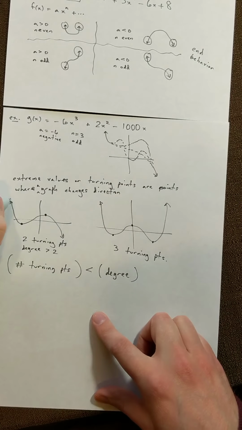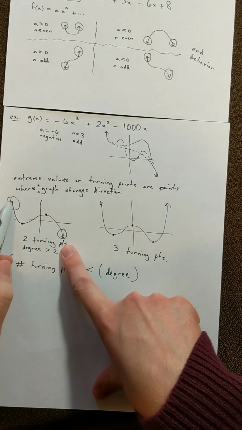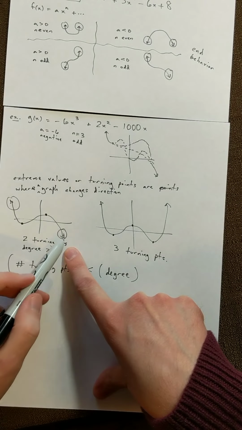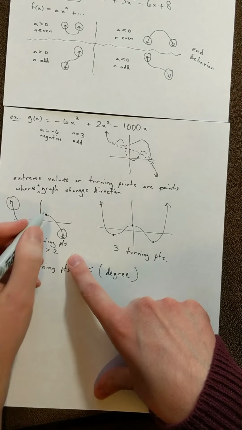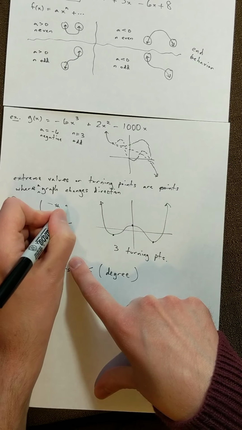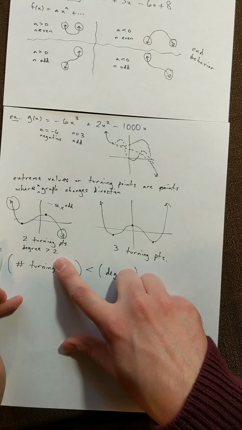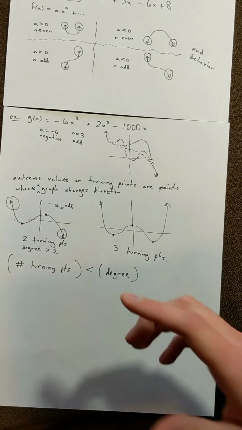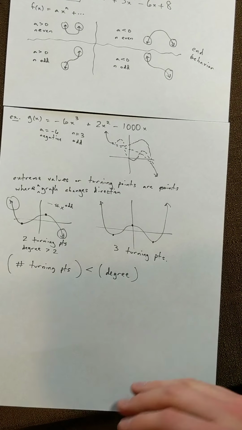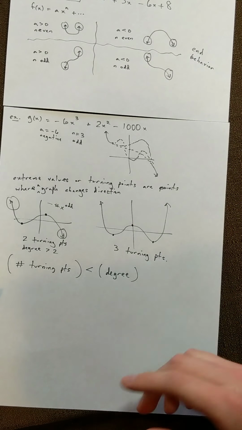And from the outside edges of the graph, this is looking like an upside down x cubed graph. And so we know it's got to be minus some number times an x to the odd power. And we know that that odd power has to be bigger than 2. So maybe it's a negative 4x cubed. Maybe it's a negative x to the 7th.